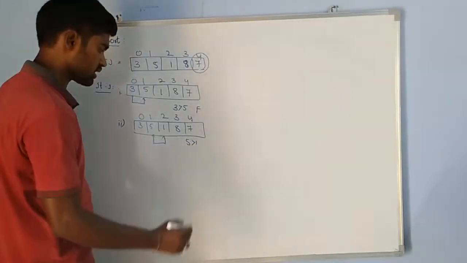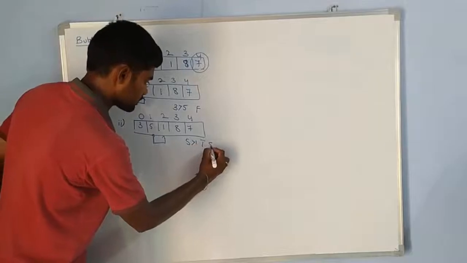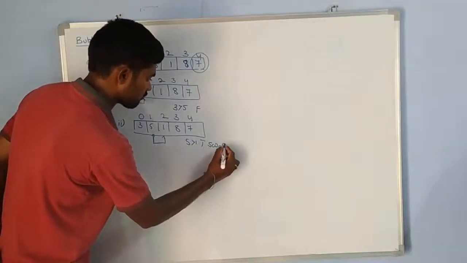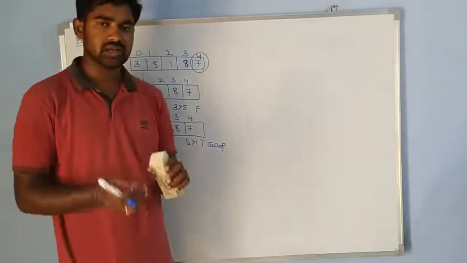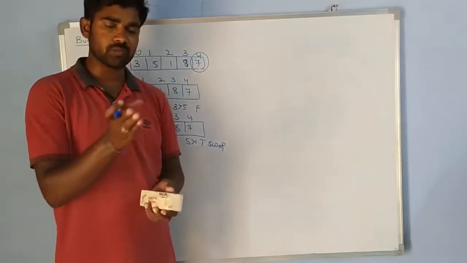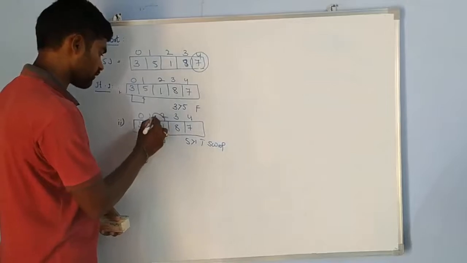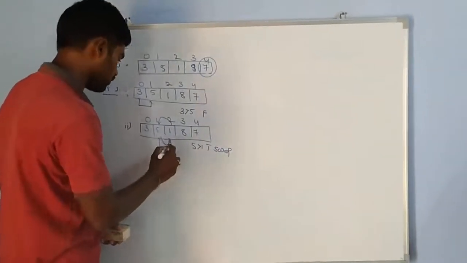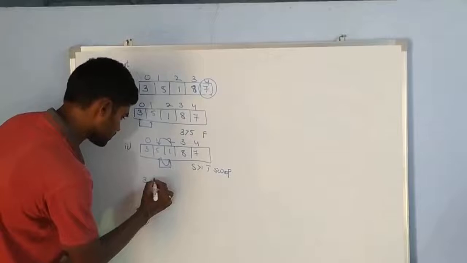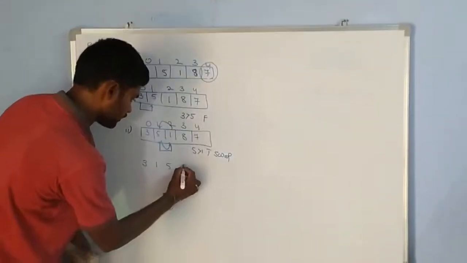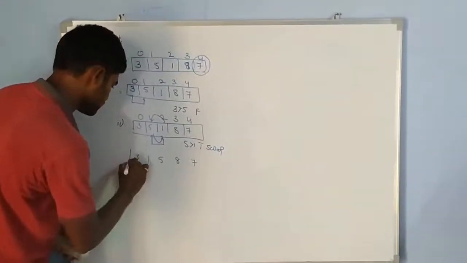The condition is true. When the condition is true, we need to perform the swapping. Swapping means interchanging the values from one place to another. So we interchange 5 and 1. After interchanging the values we have 3, 1, 5, 8 and 7.